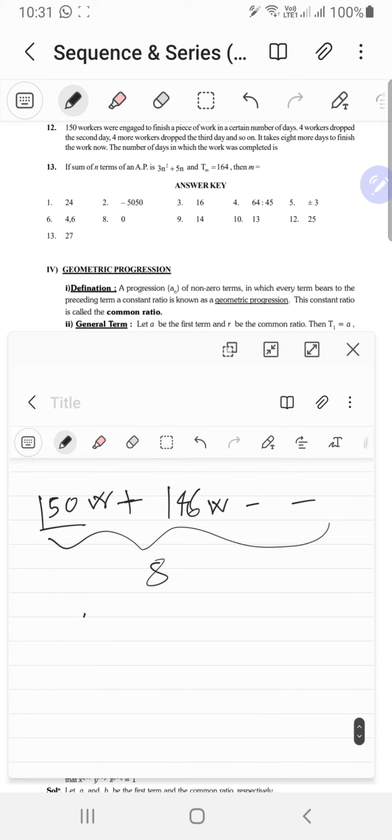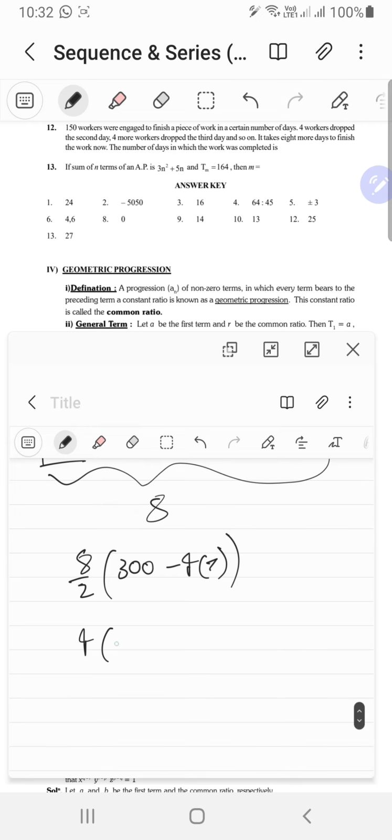So it's just 8 upon 2 into (300 plus (n minus 1) into 7 into d), so d is actually negative 4, right? Negative 4 into 7, so it's 4 into (300 minus 28), which will be 272.